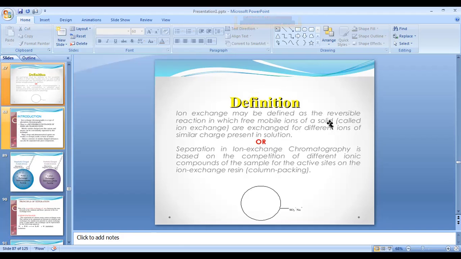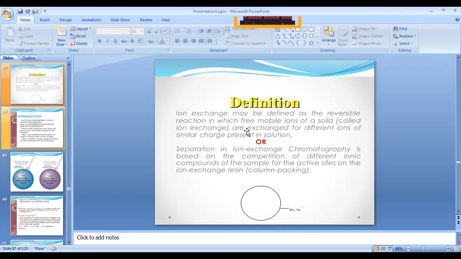That means a cation of the solid resin, the free mobile ions of a solid, are exchanged for different ions. Whatever ion is present in solution will first be exchanged with an ion of our resin, and then we introduce the mobile phase. Then again, the ion which is attached to the resin will be exchanged with ions of the mobile phase. So in short, we can say reversible reaction.